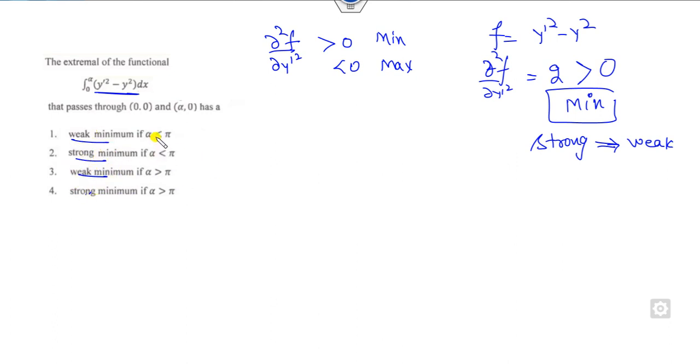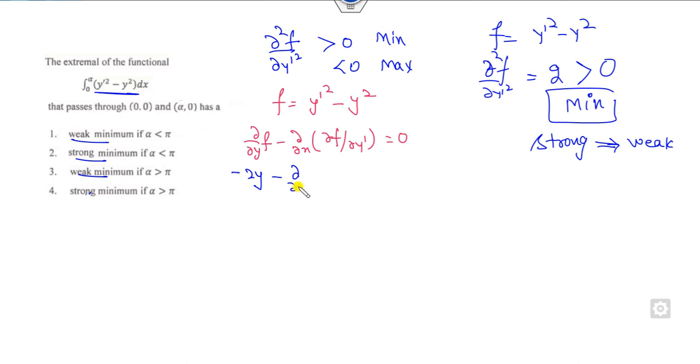Now the condition is on alpha. So we can find the solution. F is y dash square minus y square. So partial derivative with respect to here of this. How can you solve? Since it is independent of x, you can also start from this, but I can write it this way. So it is 2y dash square. So y double dash plus y is equal to 0.